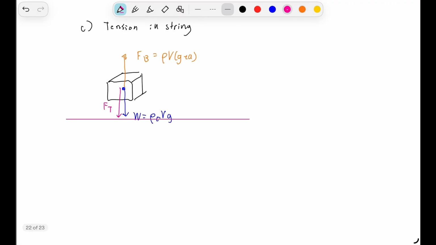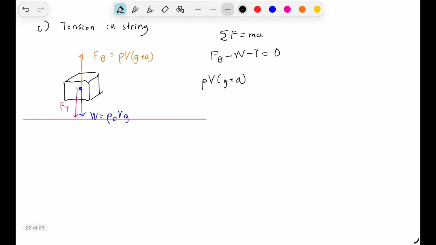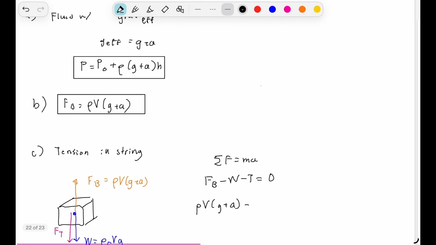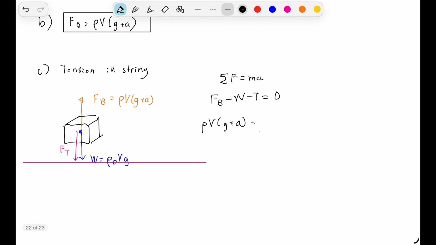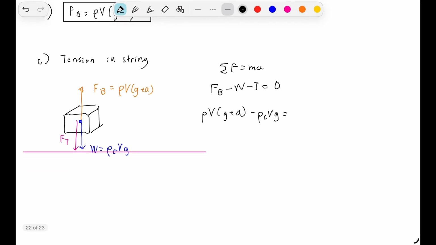Now we can write Newton's second law. The summation of our forces is equal to mass times acceleration. We have FB upwards, weight downwards, and T downwards. That's equal to 0. Now you just substitute in everything. We already had our buoyant force from earlier, and our weight is rho C V G, minus T, equal to 0.